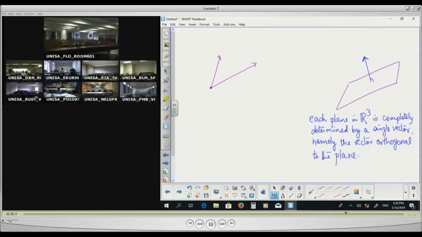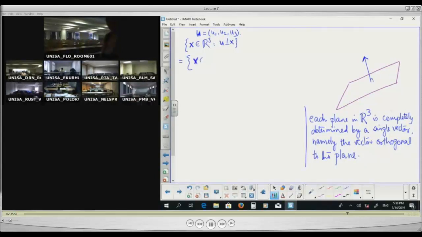I want to find all the vectors x such that u is orthogonal to x, which we will see after two more classes. This is the same thing as the equation u1 x1 plus u2 x2 plus u3 x3 equals 0.